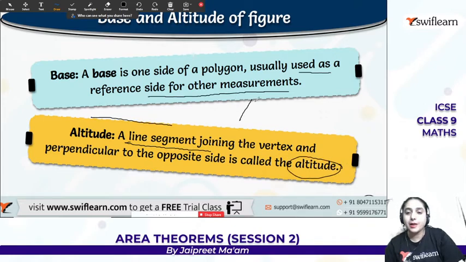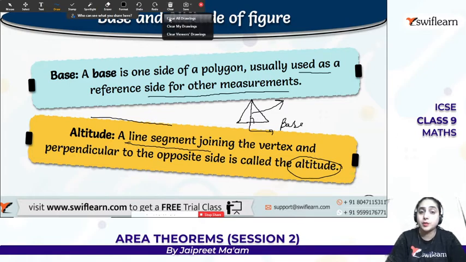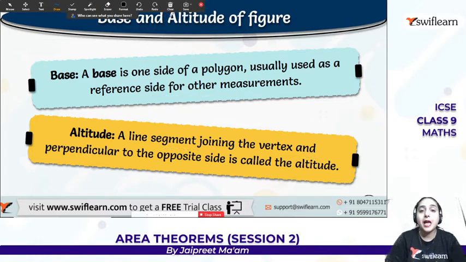Let's take a simple example of a triangle. So this is known as the base and this is known as the altitude. I have already told you in the previous session that the altitude is at 90 degrees, that means it's perpendicular to the base, and there's a difference between a median and an altitude. A median divides the triangle into two equal parts.